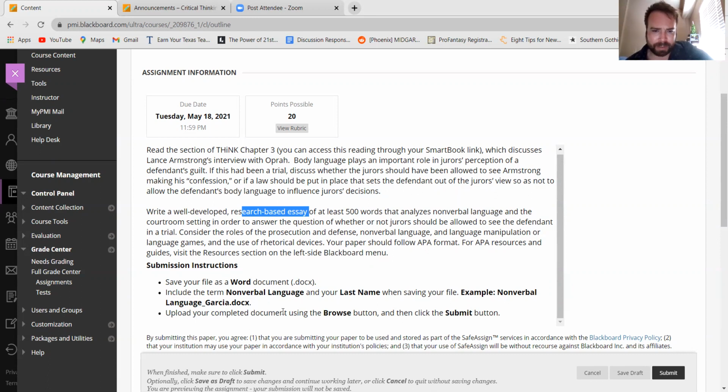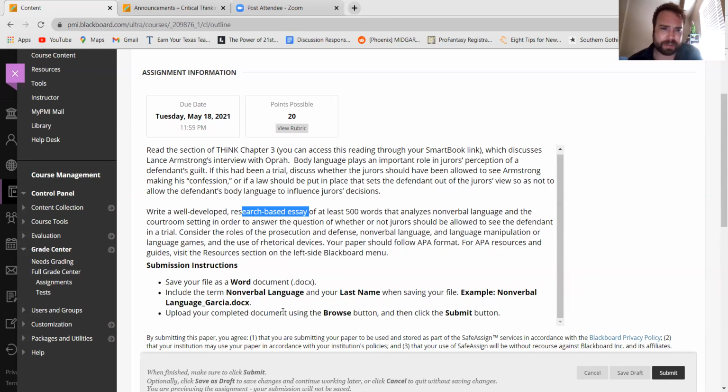Think about what can happen when a group of jurors look at a defendant. If the defendant is very nervous, what does that mean? If he's fidgeting, sweating, if he seems nervous, does that mean that he's guilty? Does that mean he's nervous because he's done the thing, whatever he's on trial for?